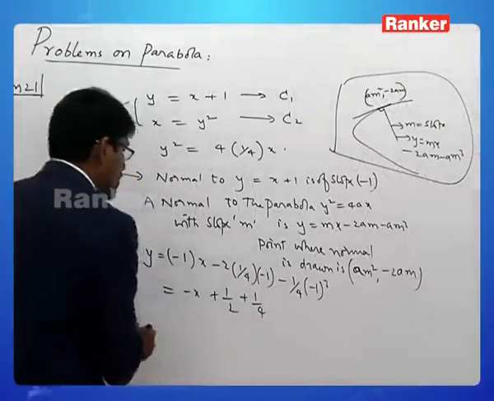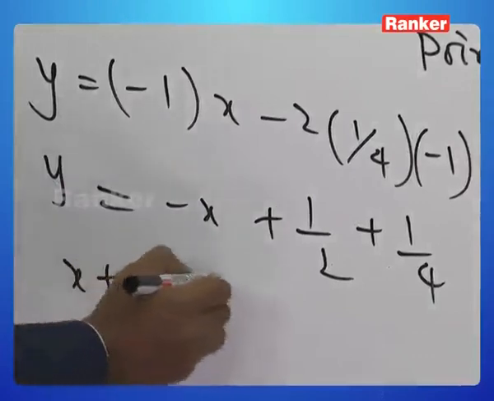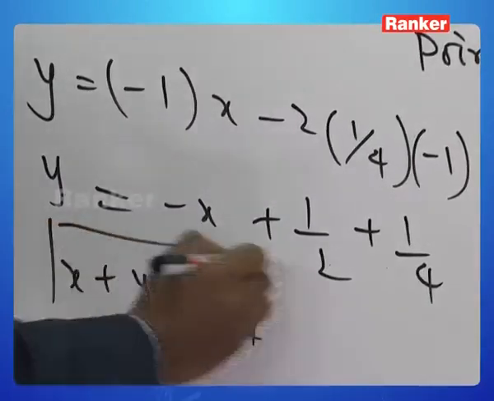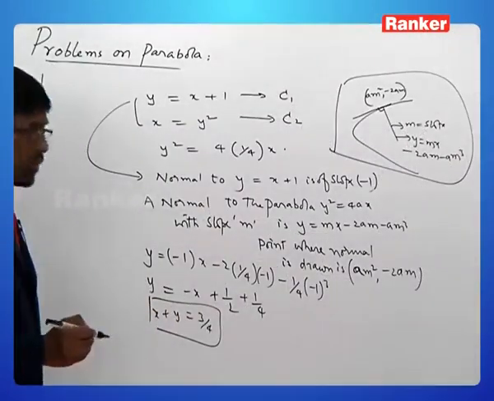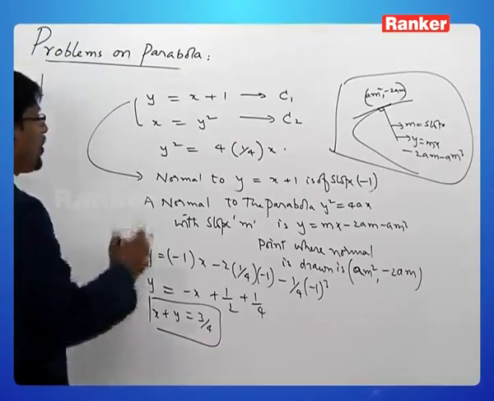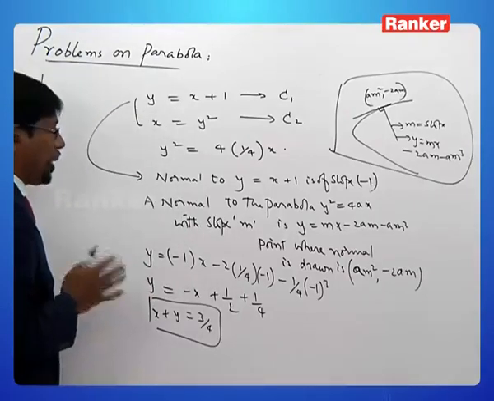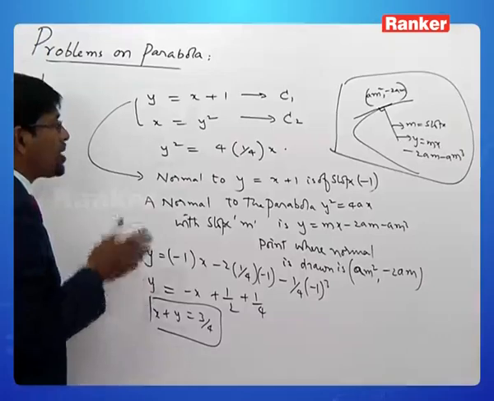So x plus y is equal to 3 by 4 is a common normal for the line y equal to x plus 1 and the curve y square equal to x. What is the foot of the normal?